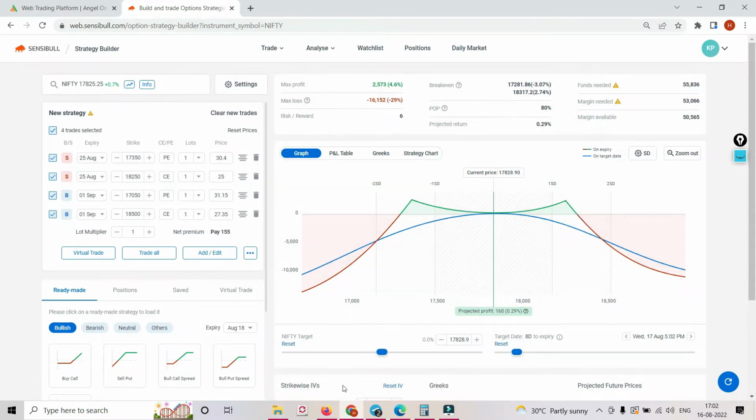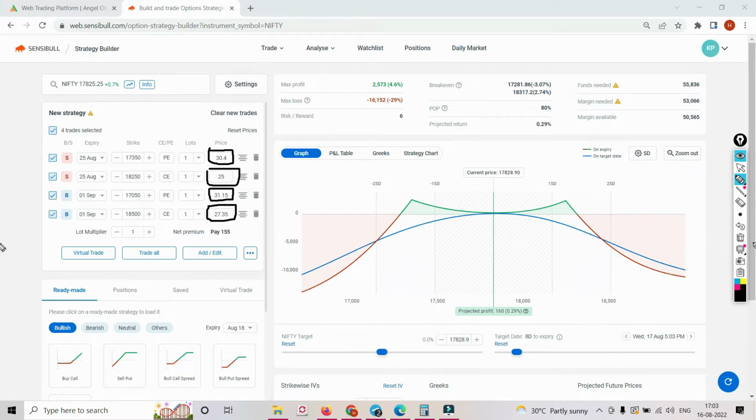Now the actual fun begins, the actual logic begins. How much premium did we collect? We collected a premium of 30 rupees from the PE side, we collected a premium of 25 rupees from the CE side, right? How much premium did we pay? We paid 31 rupees on the PE side, we paid 27 rupees on the CE side. Absolutely right.